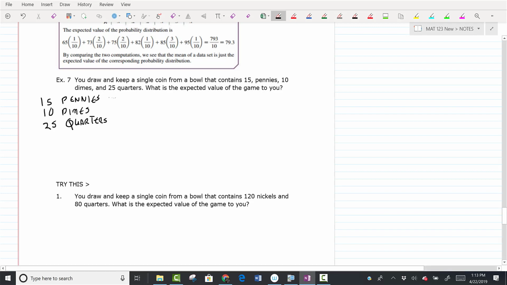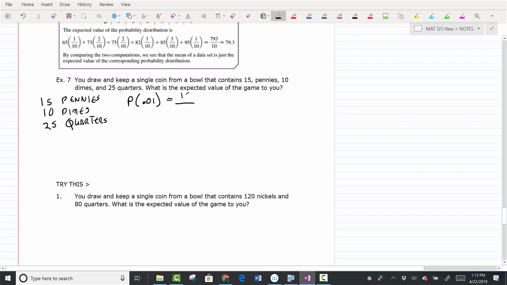First, we're going to do the probability of winning a penny, so 1 cent. We've got to figure out the probability of reaching in the bowl and getting a penny. How would you find that probability? There's 15 out of what?